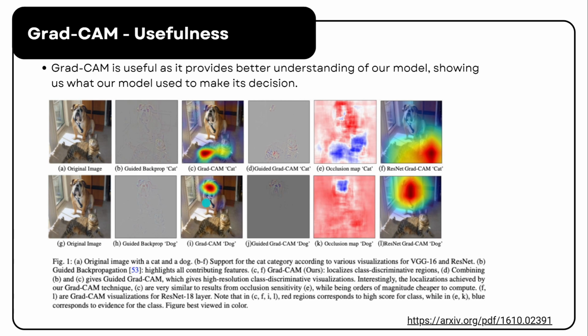The red areas represent strong positive influence, while the cooler colors show less relevance. So GradCam is incredibly useful. It helps us understand what parts of the image the model is relying on to make its decision, giving us more transparency into this otherwise black box.